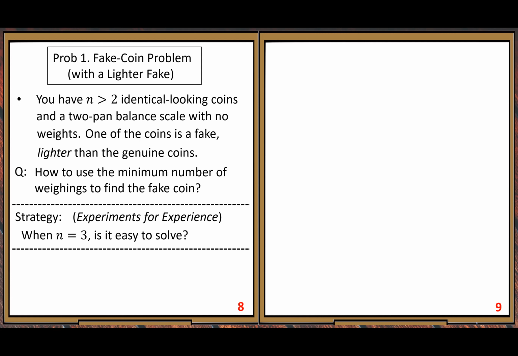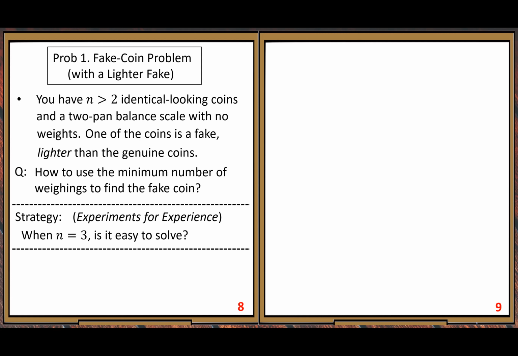Think about it. It's so easy. Given 3 identical looking coins, you know the fake one is lighter. You just use one weighing: weigh 2 of them. If they are equal, the one not weighed is the fake. That's correct, so easy.